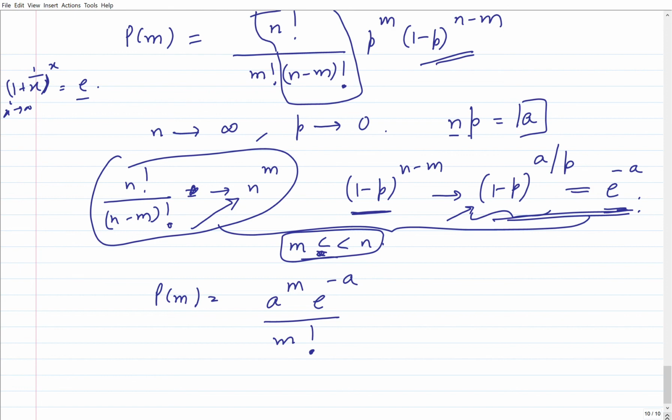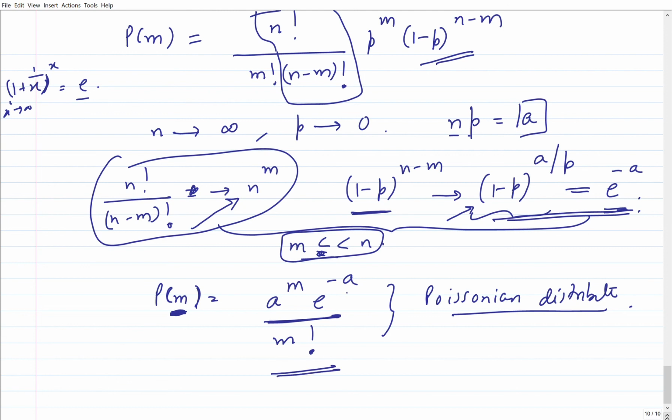Okay, so what do we have? This is known as the Poissonian distribution, which tells me the probability of m successes is given by this guy when a is equal to np, on an average how much success I am going to get.